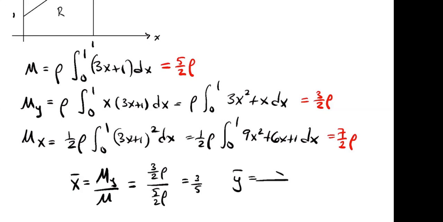Sorry about that. I'm getting tired. You're probably getting tired too. mx over m, so that's 7/2 rho over again 5/2 rho. The rhos cancel, so we get 7/5, or 1.4.